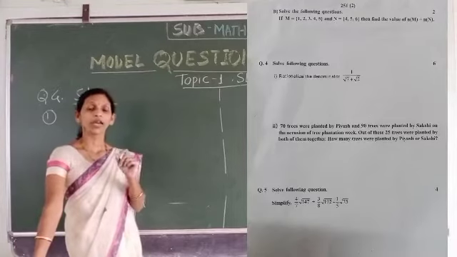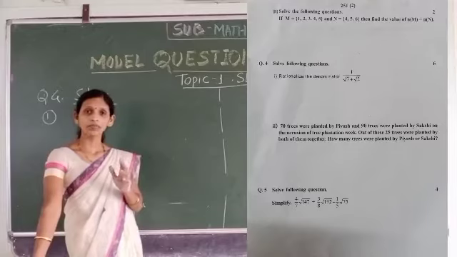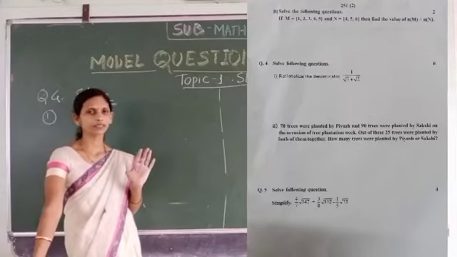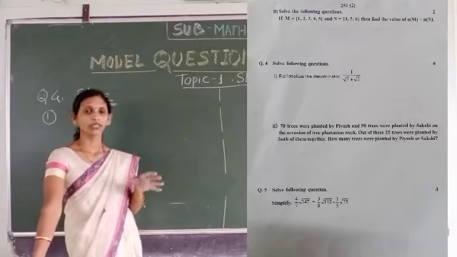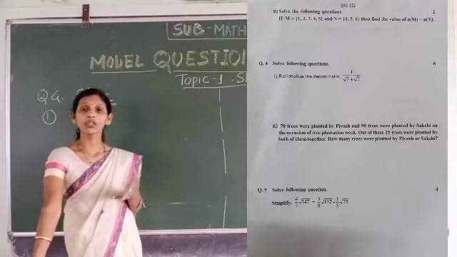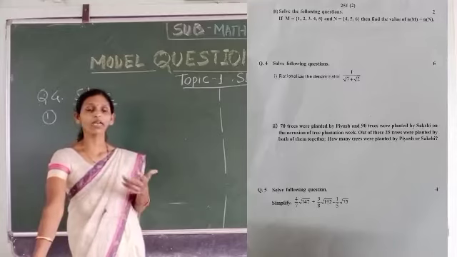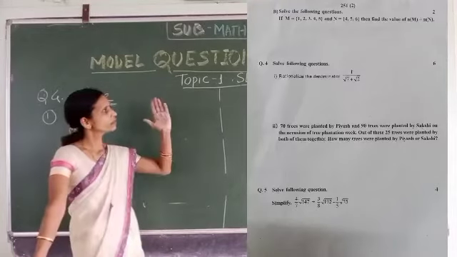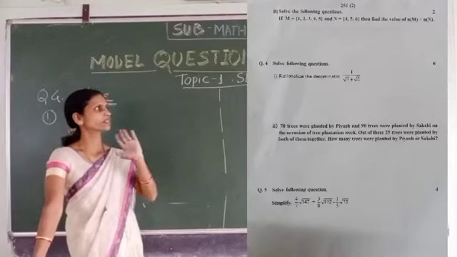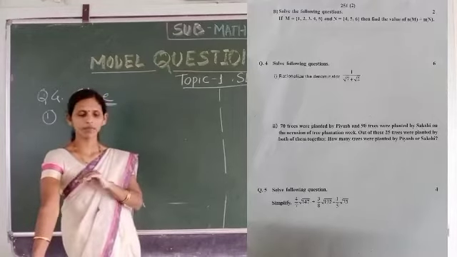You should try to solve the examples given in this question paper. I am going to discuss how to solve those examples and remind you of the concepts from chapter 1 sets as well as chapter 2 real numbers.